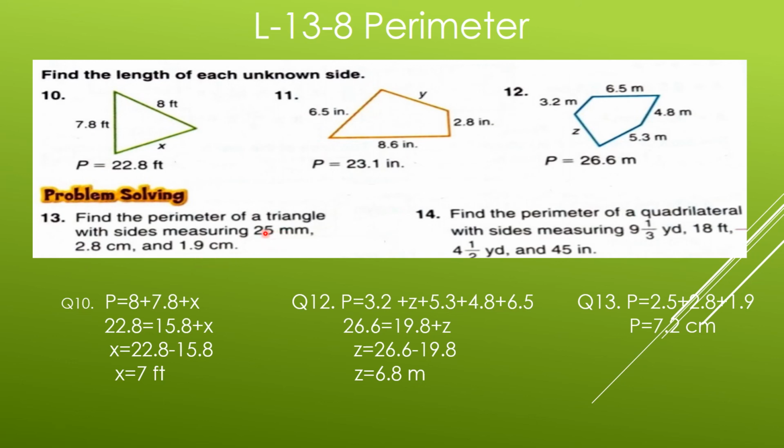In this one, the important thing is to convert 25 millimeter into centimeter by shifting the decimal to the left. It will be 2.5. You can see here 2.5, 2.8, 1.9. Answer is 7.2. I think you understand the lesson.